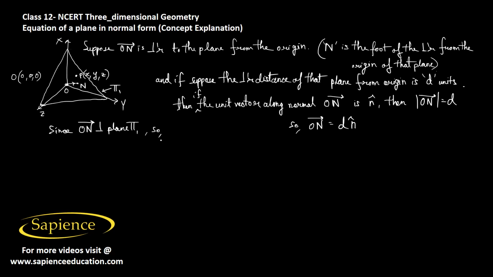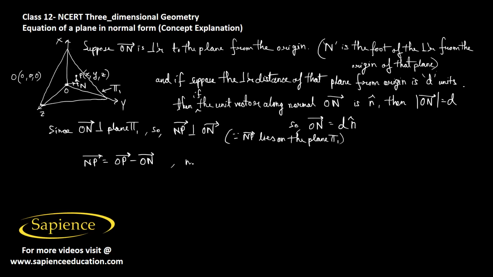So the NP vector should also be perpendicular to ON vector, since NP vector lies on the plane pi 1. Now NP vector should obviously be equal to OP vector minus ON vector.